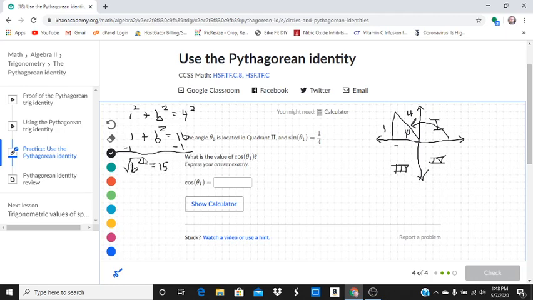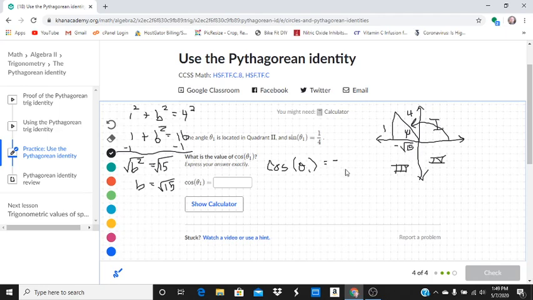Square root of both sides. And we get b equals the square root of 15. Now, we can't really simplify the square root of 15. So our cosine of theta 1 is going to equal, remember this is going to be negative, so this is negative square root of 15.